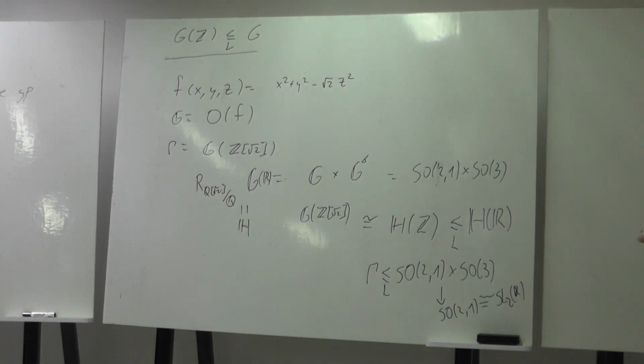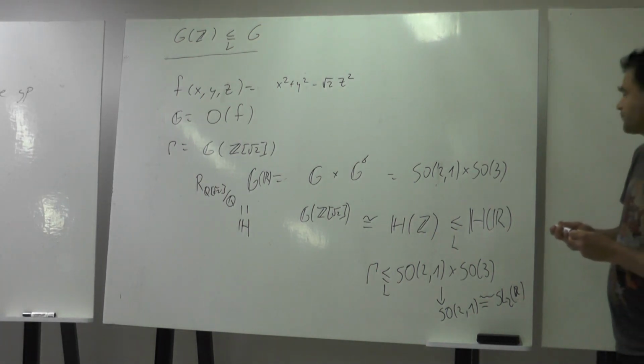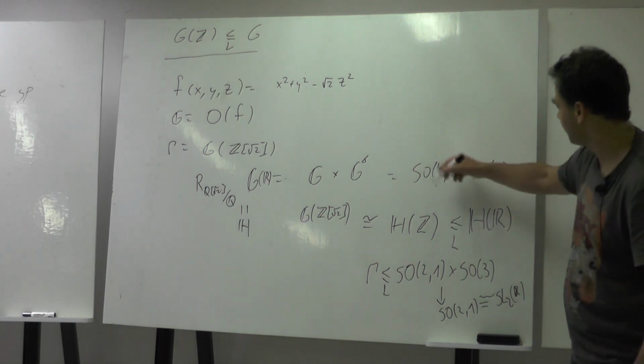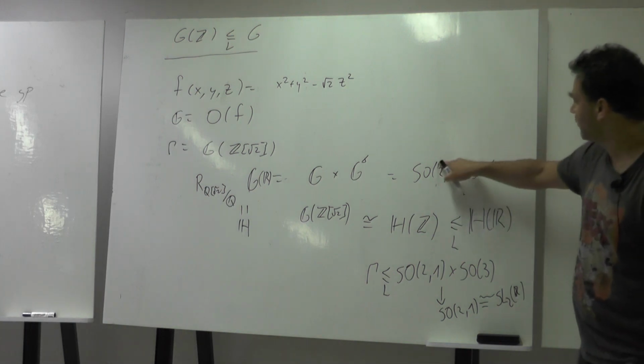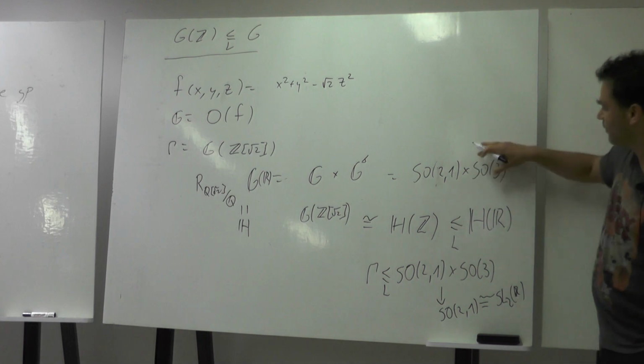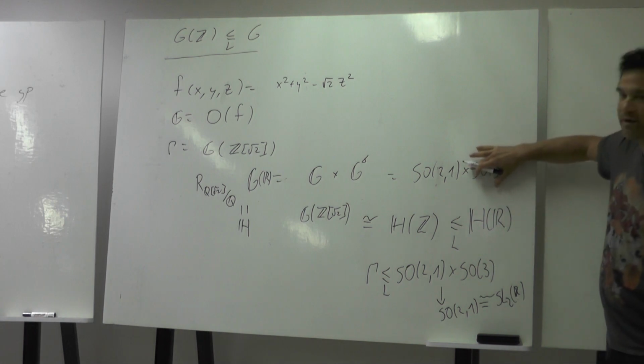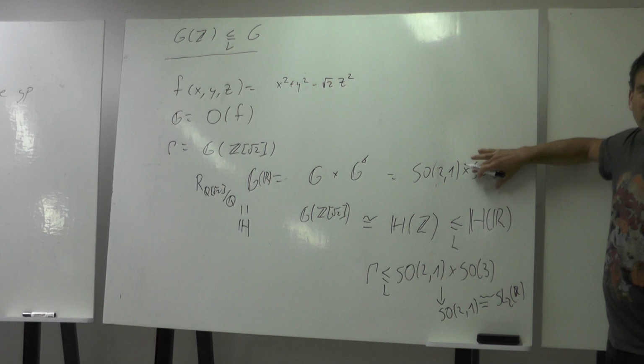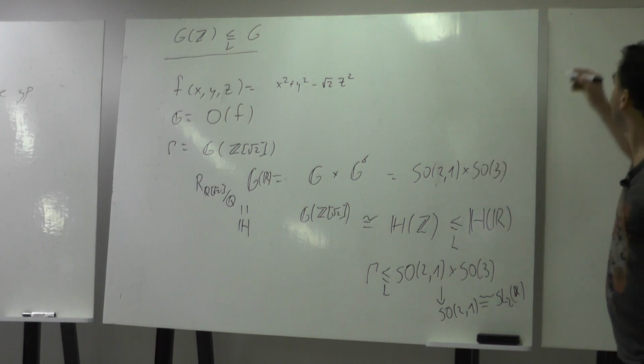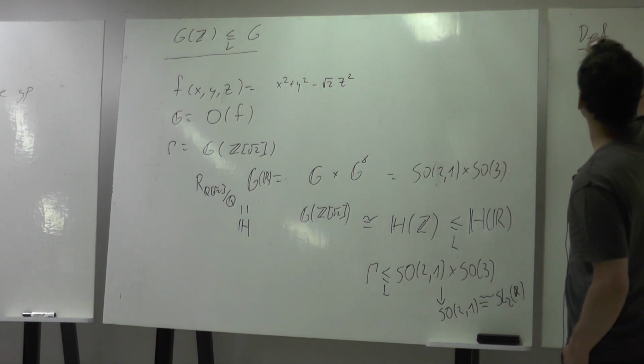But why did I do that? I wanted to recall to you that to be in the more general situation, we have to divide by some compact factor. So this is the definition of an arithmetic group.